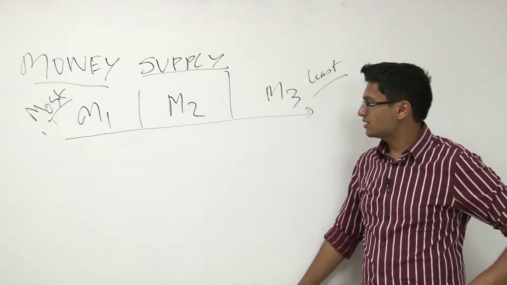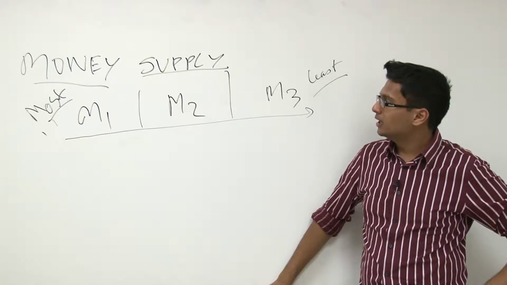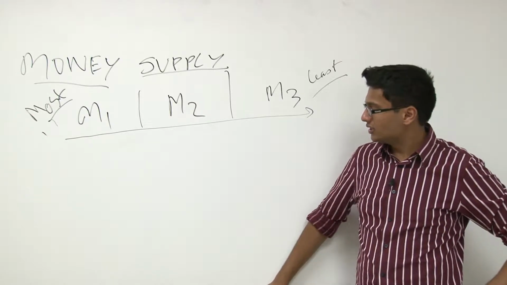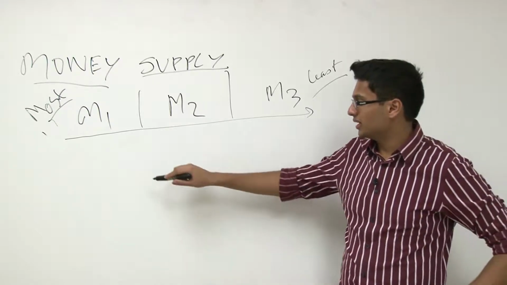Each of these classifications of money supply holds different categories of assets or money.